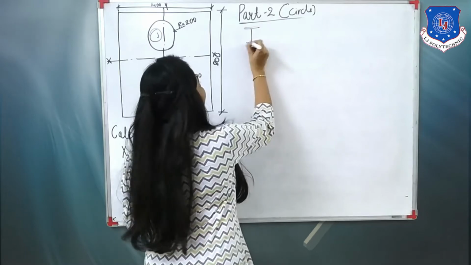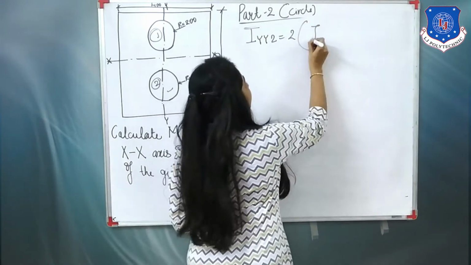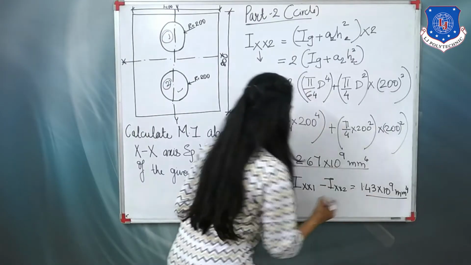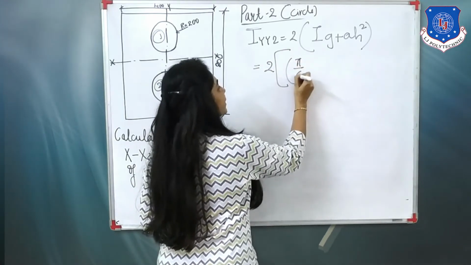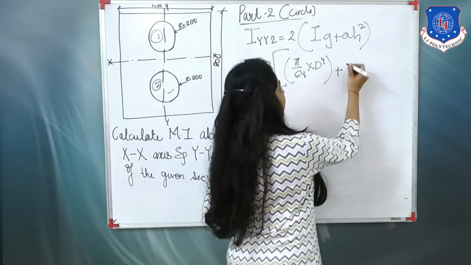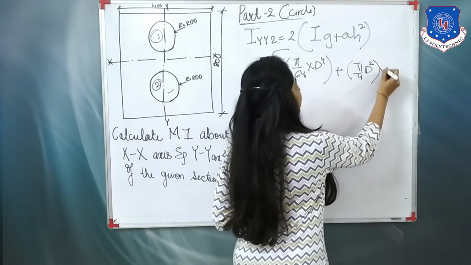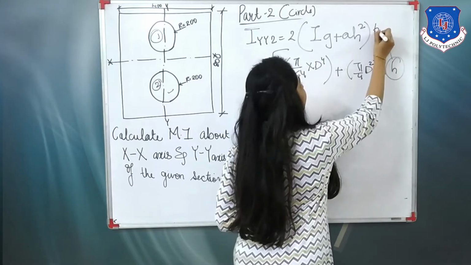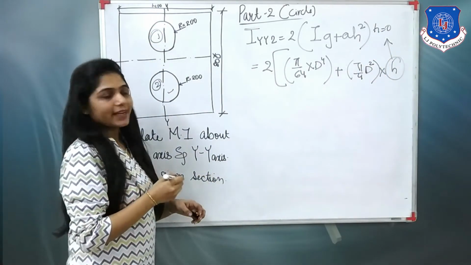For Iyy2, using the same formula, substituting pi by 64 into d raised to 4 plus area, which is pi by 4 d square into h, but h in y we will take 0 because our axis is parallel to the y axis.